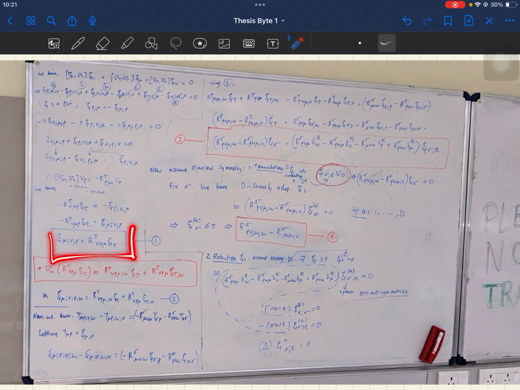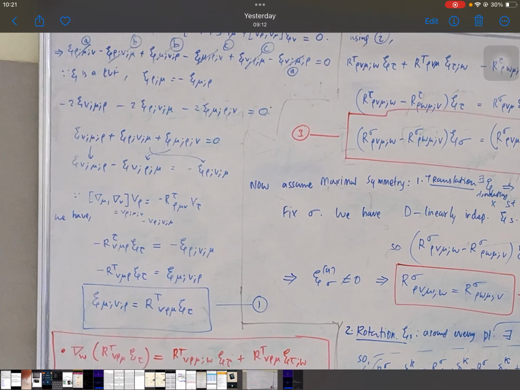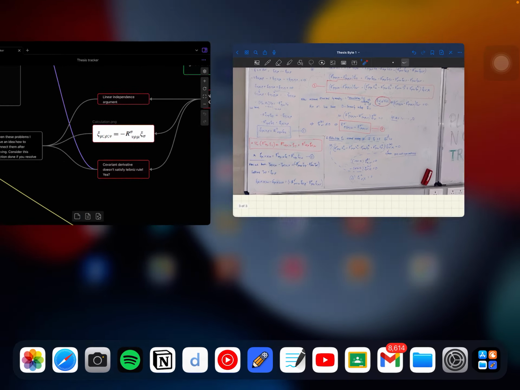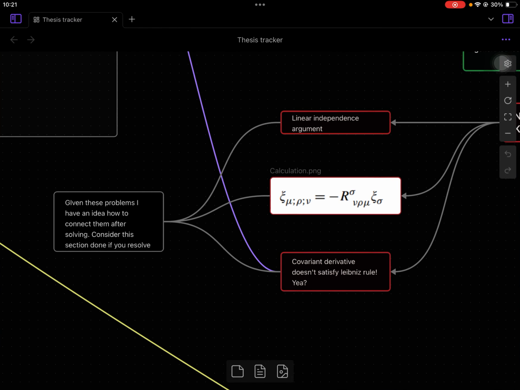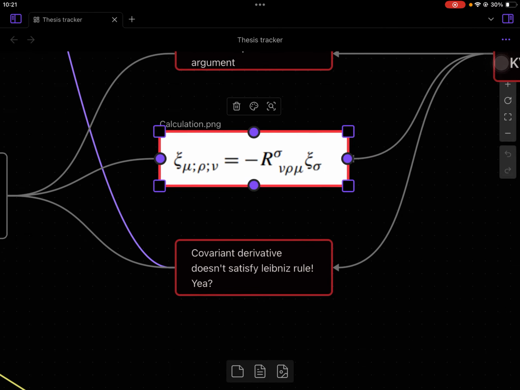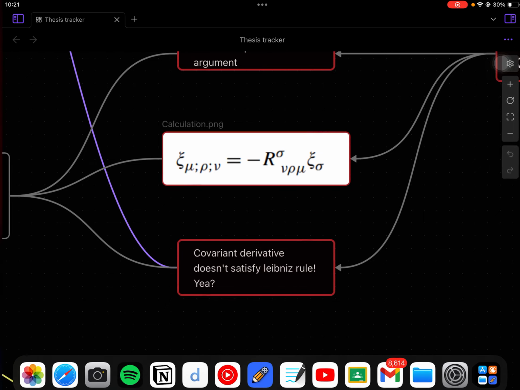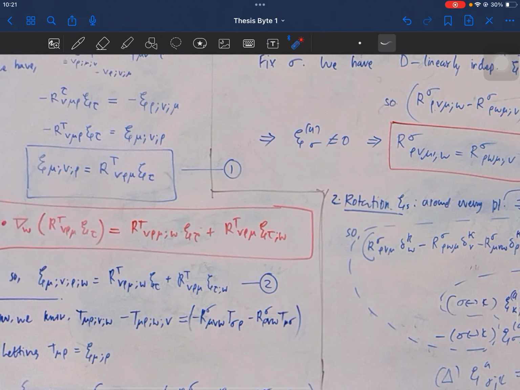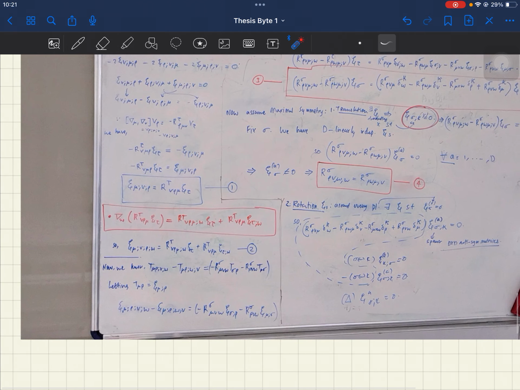But unfortunately, whatever I got is not matching with Zee's book Gravity in a Nutshell, and neither with Weinberg's book on gravitation and cosmology. So I don't understand where I'm making a mistake. So I definitely have to check it with someone. Apparently this one condition is preventing me from proving the Riemann curvature tensor.